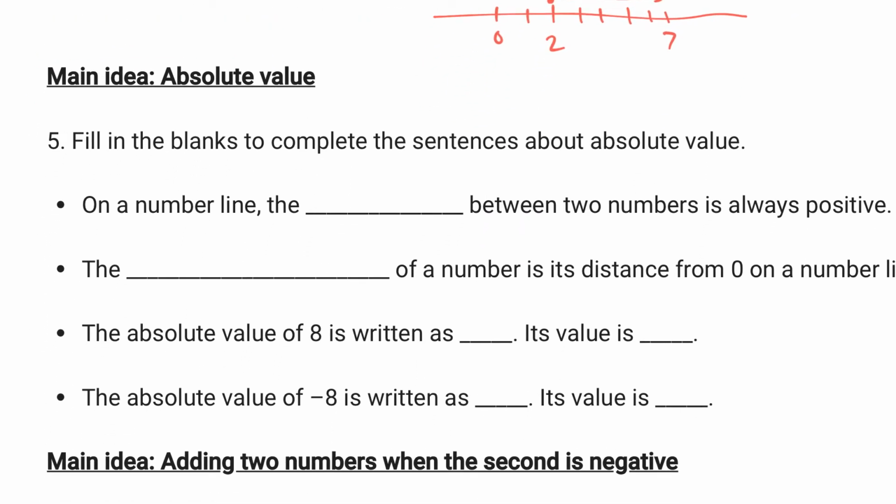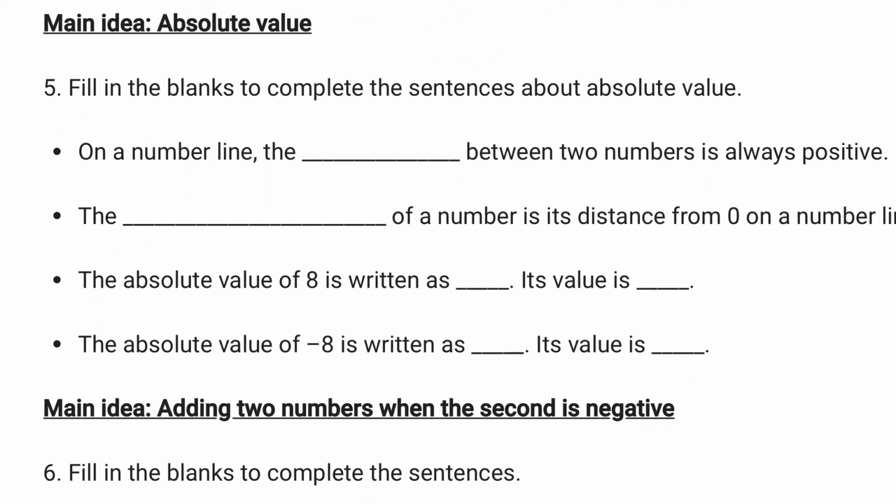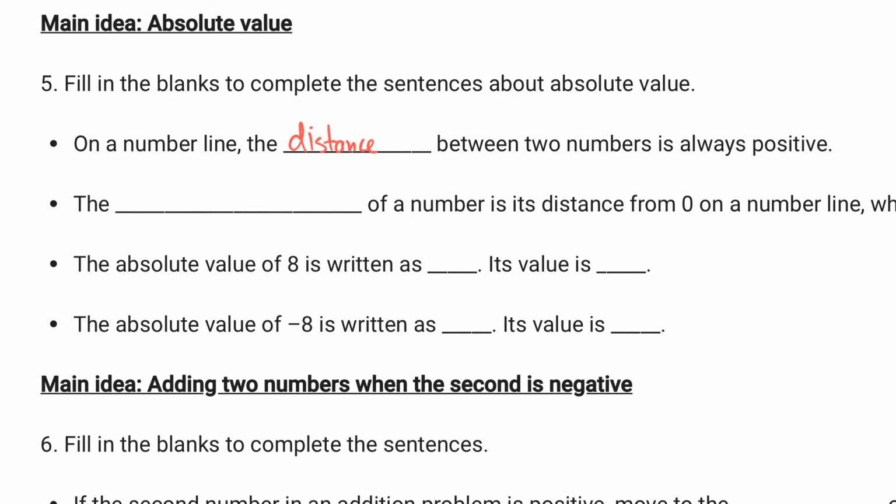So that's easy. Well, let's apply it to positive and negative values. So our main idea is absolute value. The distance between two numbers on a number line is always positive.